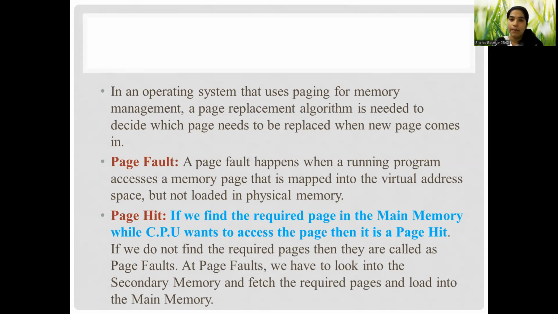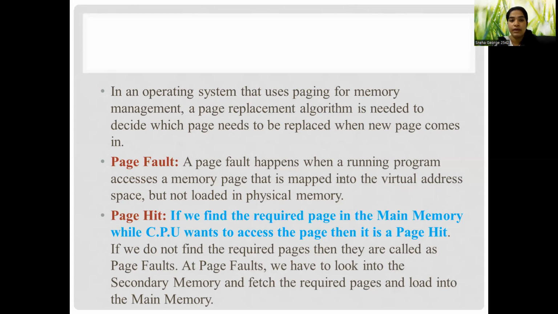In case the main memory is completely full and there is no space to accommodate the required page, you need to replace a page in the main memory, and that decision is based on the page replacement algorithm. Based on the various page replacement algorithms, we see how a page is replaced from the main memory when it is full.